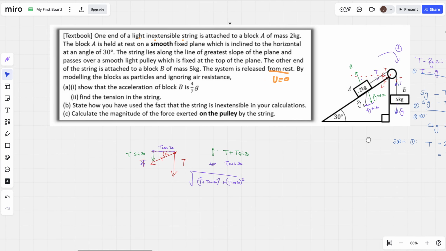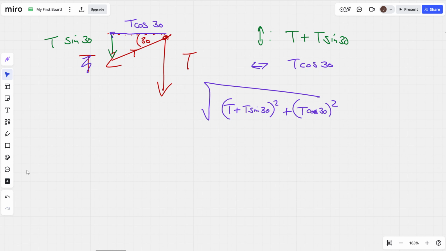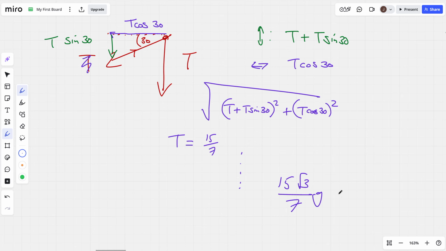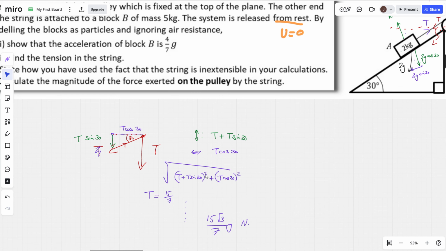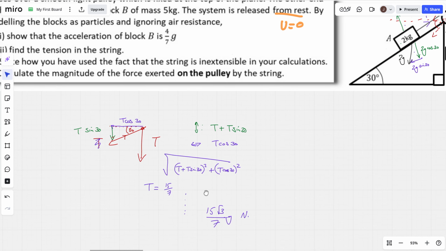Okay, so we're just going to do that with T equals, what do we say it was? 15/7. And if you do this, okay, if you do this, you should get to 15√3/7 newtons.